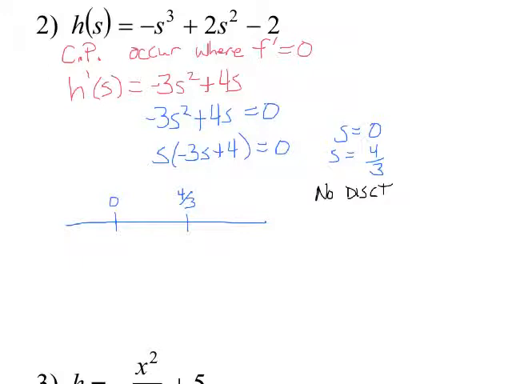So I'm going to test what is the derivative of something less than 0, what is the derivative of something between 0 and 4/3, and what is the derivative of a number after 4/3. So we'll go with 2.